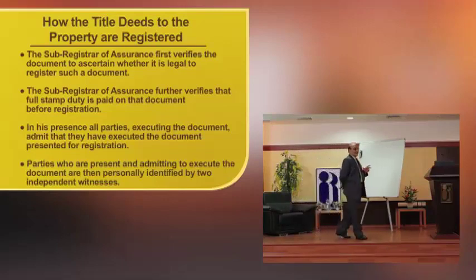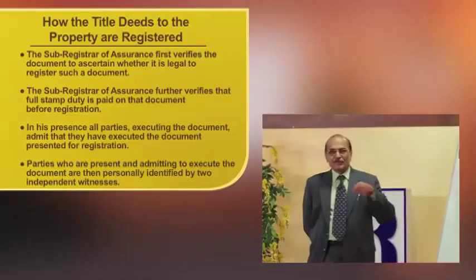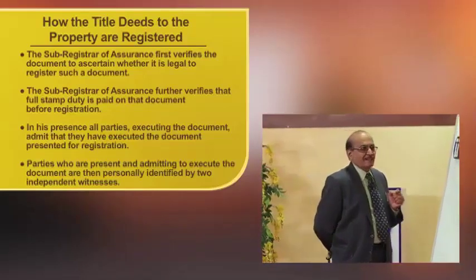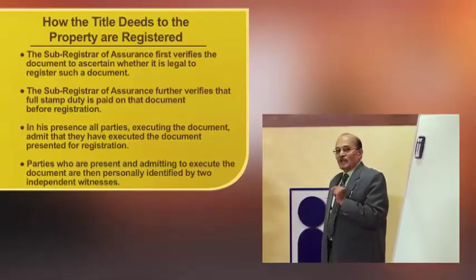Parties who are present and admitting to execute the document are identified by two independent witnesses. Once this complete thing is done, then the sub-registrar registers the document.